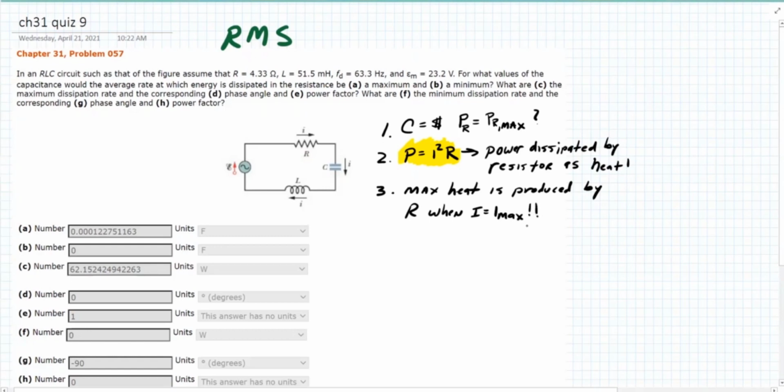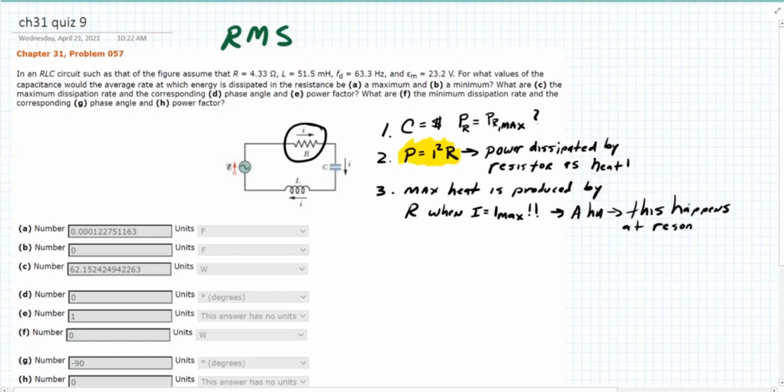I need to figure out how to get the maximum current flowing through that circuit. Because if I can get the maximum current flowing through this circuit, I'm going to get the maximum amount of heat dissipated by the resistor. So this is my first aha moment. Aha. This happens at resonance. Remember what resonance is. This happens at resonance.